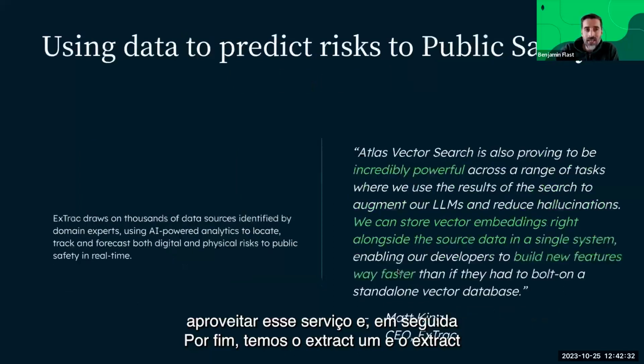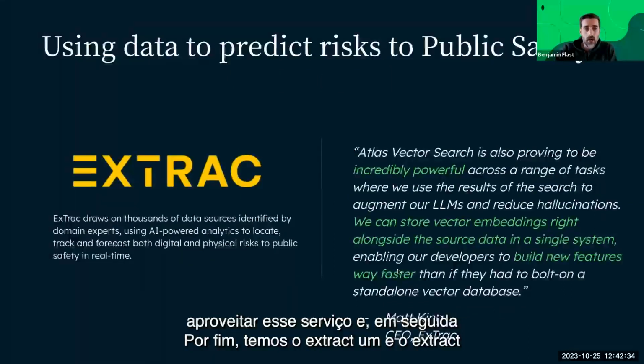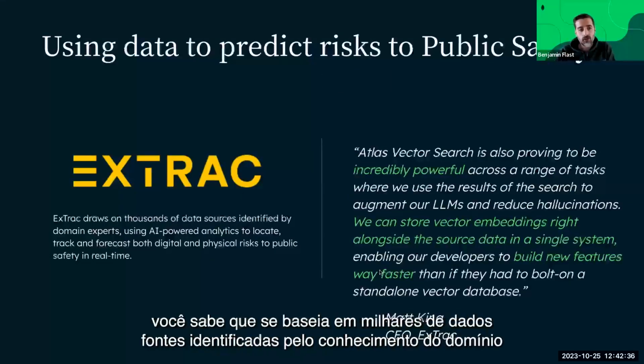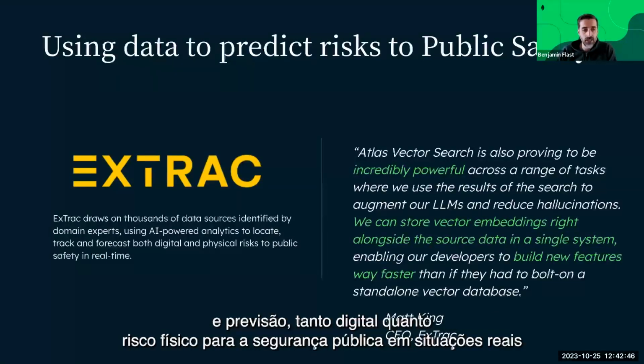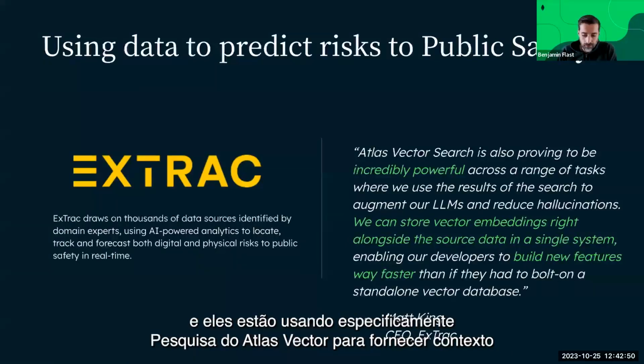And then lastly, we have Extract. Extract draws on thousands of data sources identified by domain expertise, using AI-powered analytics to locate, track, and forecast both digital and physical risks to public safety in real time.